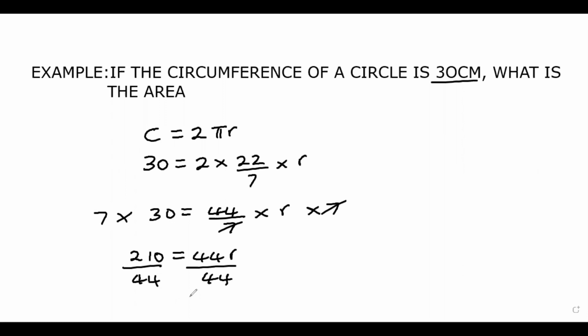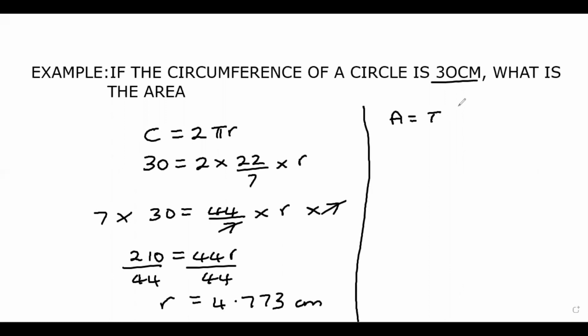That means r would be equal to 4.773 centimeters. So now, because we have r, we know that the formula for area is equal to pi r squared. So that would be 22 over 7 times r, which is 4.773, and that's squared.